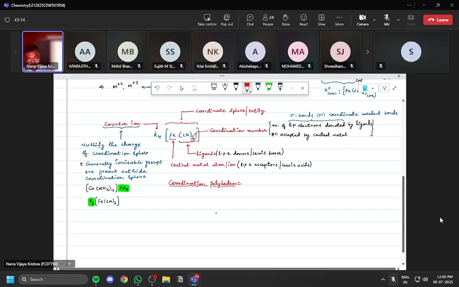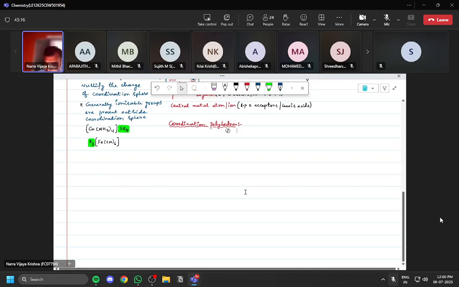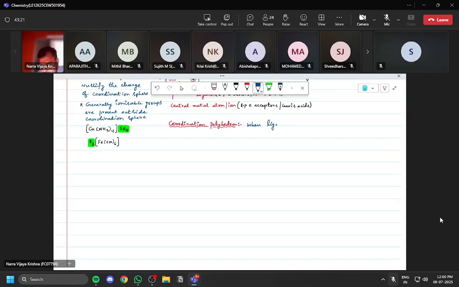So when ligands surround the central atom, they are oriented in a certain direction to impart some geometry.